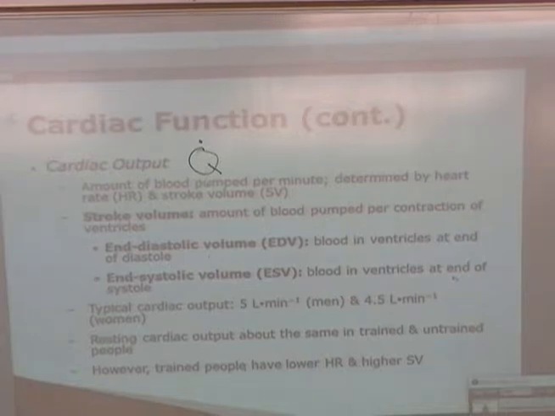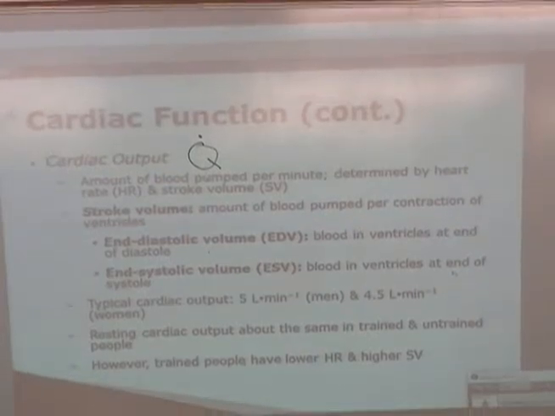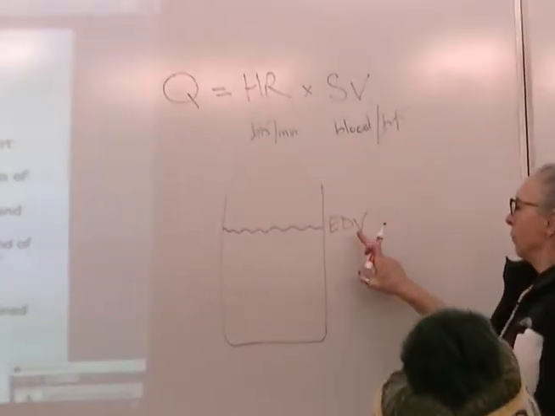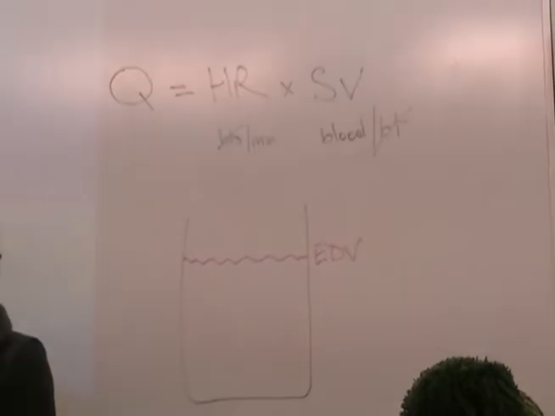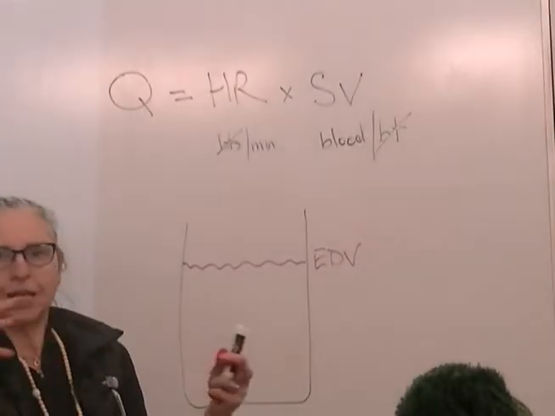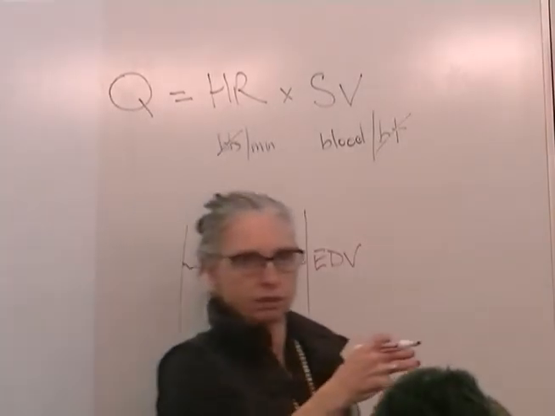All right, so don't let the long fancy term get you nervous. All it means, all right, we're looking at relaxation. How much blood is there in the heart at the end of the relaxation phase?